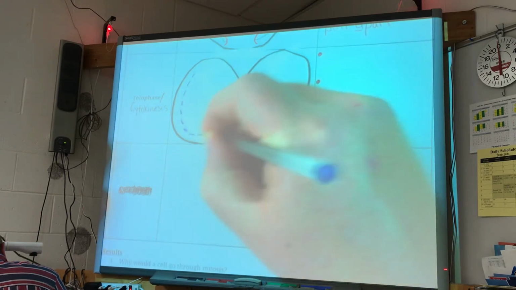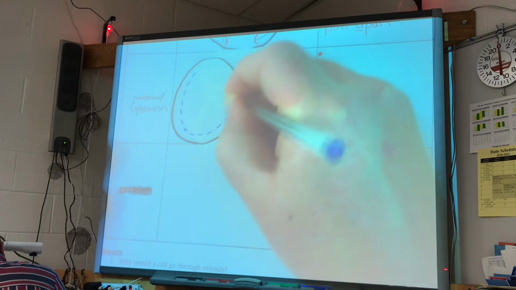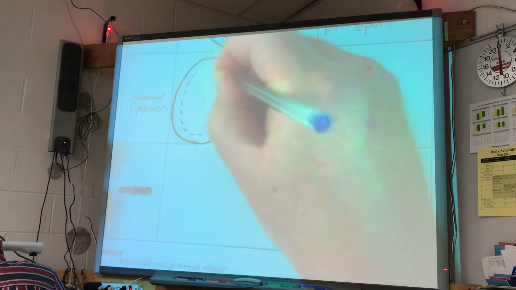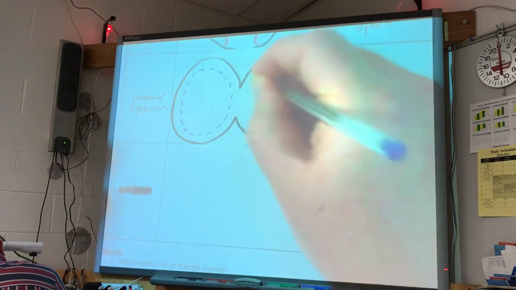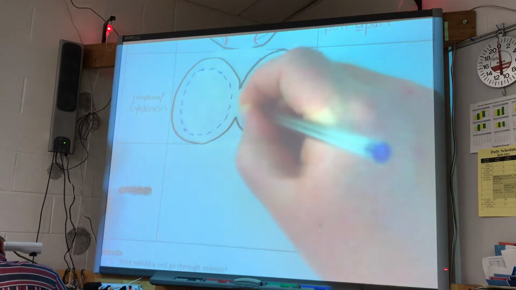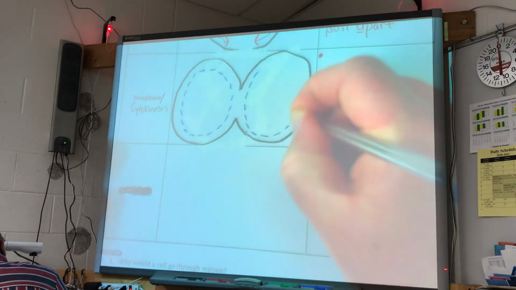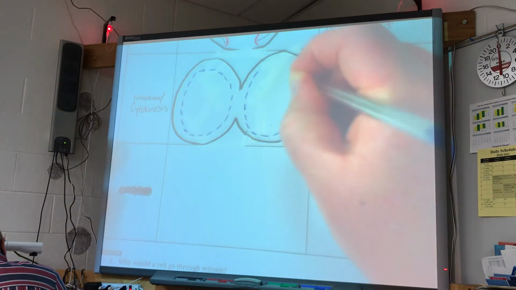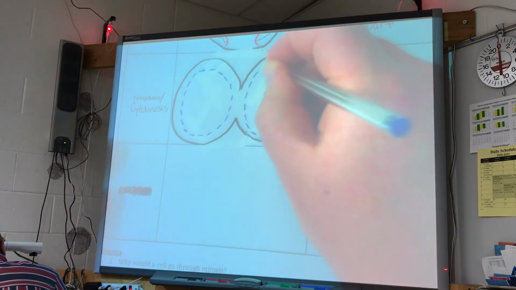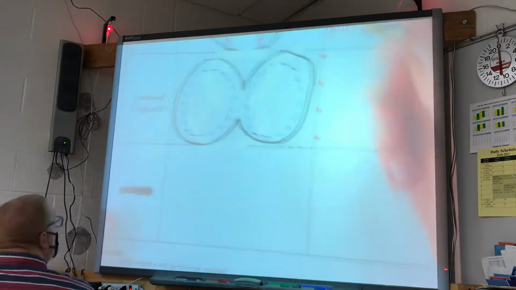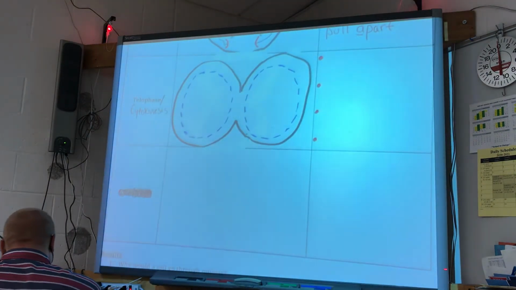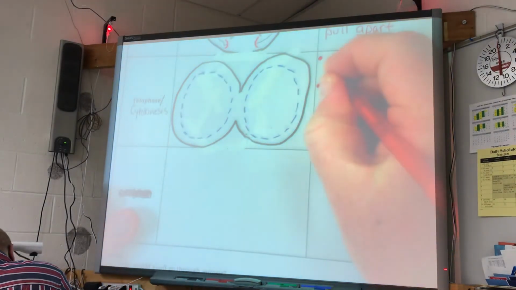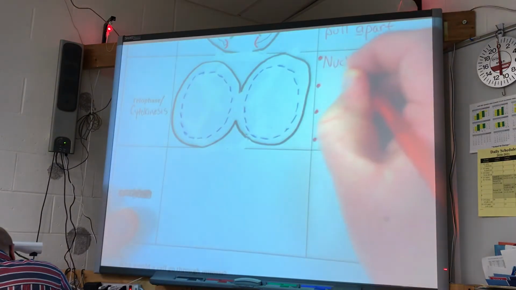But during telophase, the nucleus is going to be reforming. So remember how we drew a dashed line to show the nucleus dissolving? Now we're going to draw a dashed line saying the nucleus is reforming. Now there's two cells, so technically we would say the nuclei are reforming, but let's just keep it simple and say the nucleus reforms during telophase.